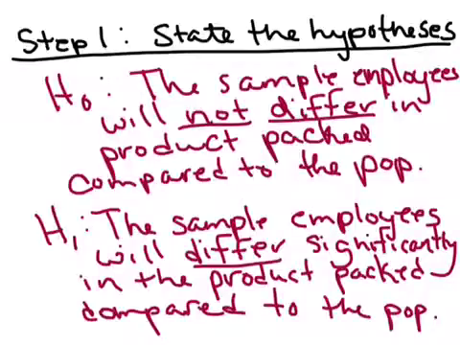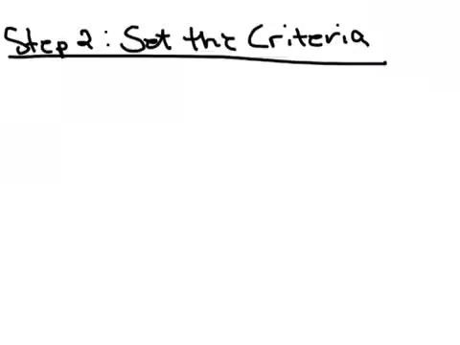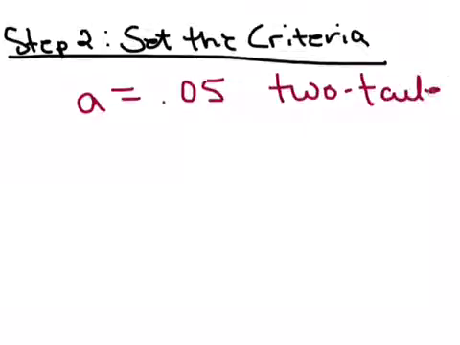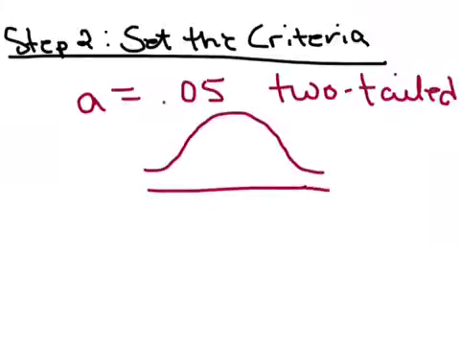So step 2 of this, again, is criteria. We're going to use alpha equals 0.05, and we're going to use two-tailed. This is a major change in the steps, because here we have our distribution, and we're going to split 5% into both the tails.